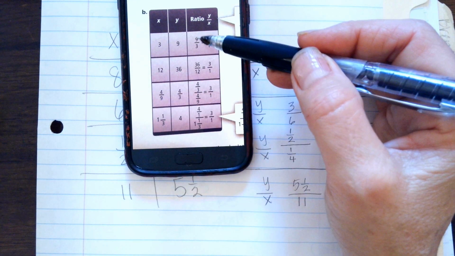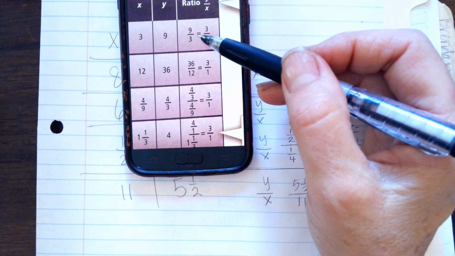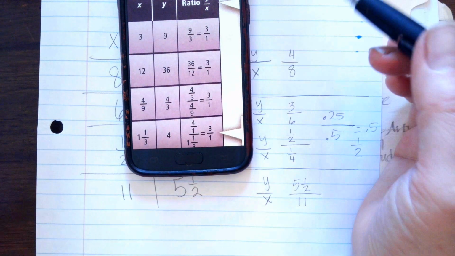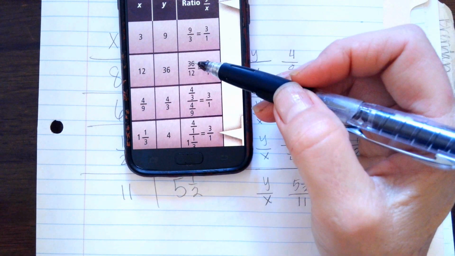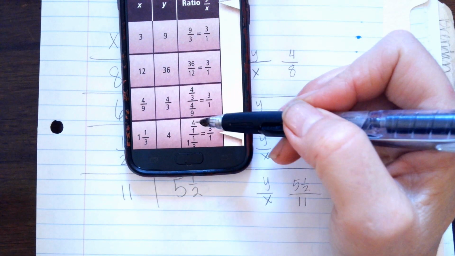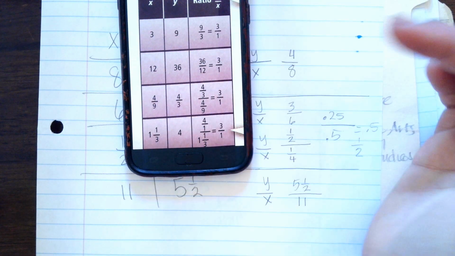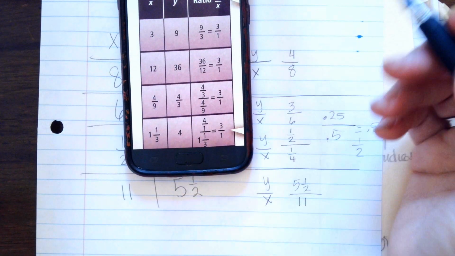But you would still do the same thing. You'd plug it in, and then when you simplified it, 9/3 equals 3/1. 36/12 equals 3/1. So it just happens, they're just pointing out that everything they gave you happened to come out to be a 3.